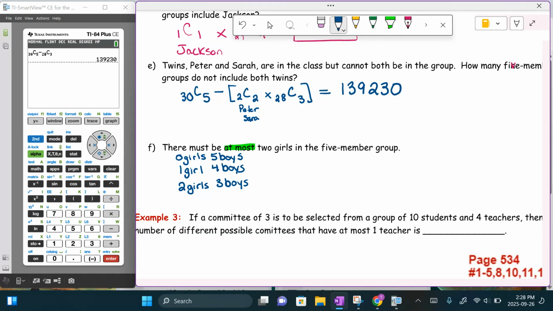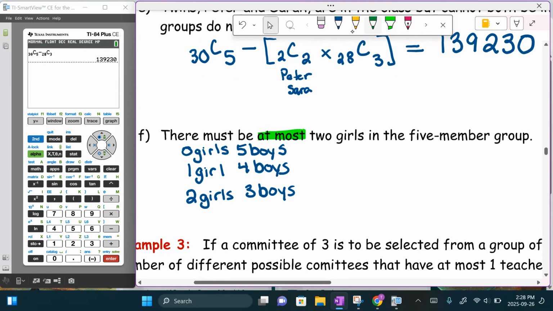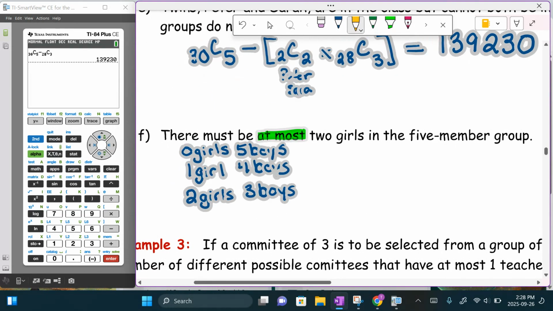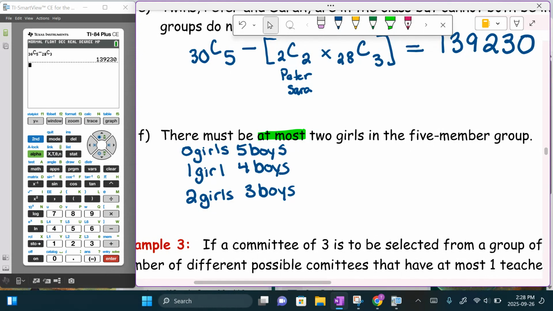And guess what you're going to do with those numbers? Once you get the case number 1 number, you're going to add it to the case number 2 number because it's 3 different cases. So let's do all 3 cases. So was there 18 girls? No, 18 boys. And 12 girls.